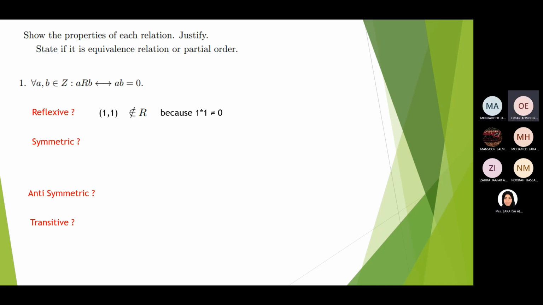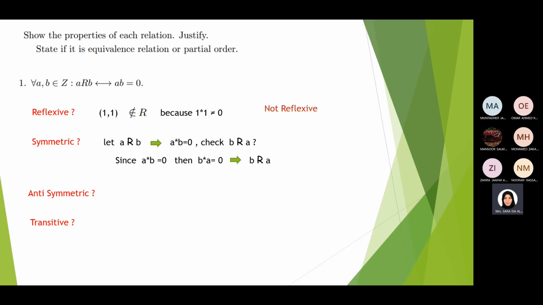Here I am assuming A R B. We said we have to show it as a general case because our domain is unlimited, so we will prove it directly. I assume A R B and I have to show that B R A. Since A R B means A times B is equal to 0, I know that B times A is equal to A times B, so B times A is also equal to 0. So B R A, so it is symmetric.